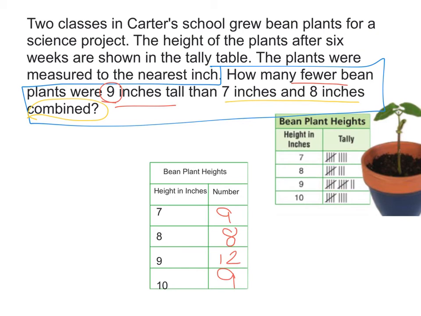Now we can use the numbers to add the number of 7 and 8-inch plants together, since it says combined. So, plants that were 7 inches. There were 9 that were 7 inches.